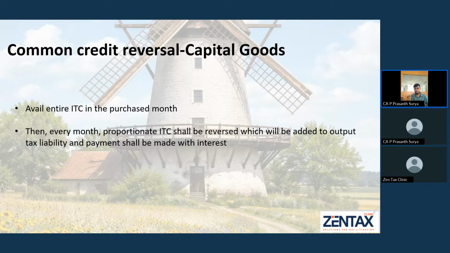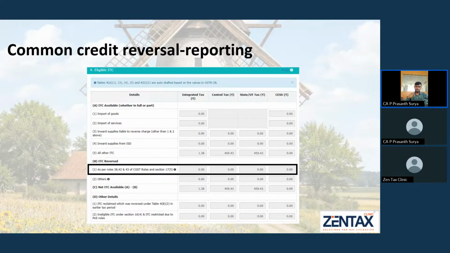So with respect to capital goods also, common credit reversal is there. Please be mindful that for input, input services and capital goods, for all three, if there is an exempt supply, you should be very mindful to do the common credit reversal in the GSTR 3B itself. Where should we report the common credit reversal?